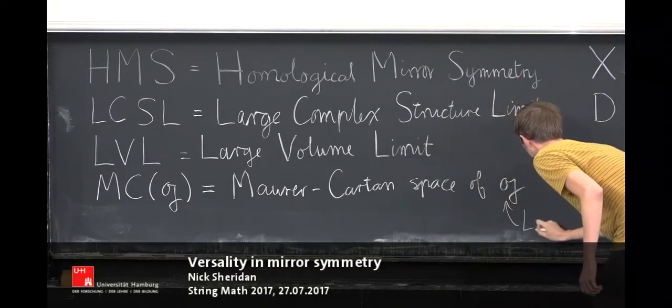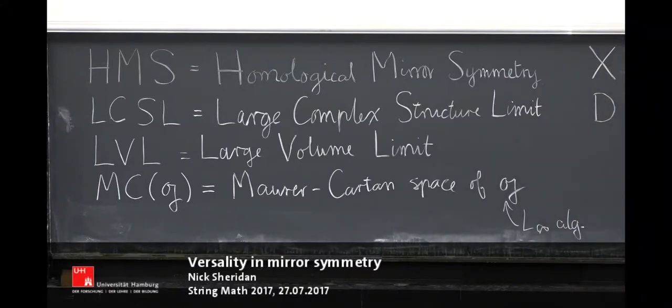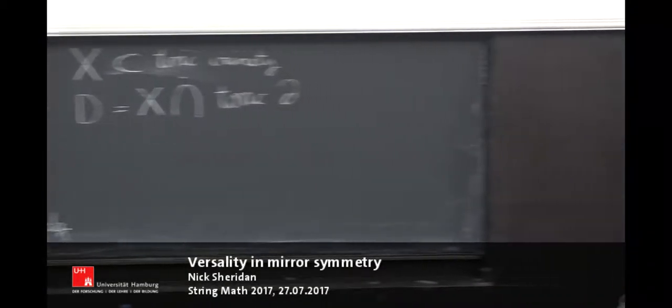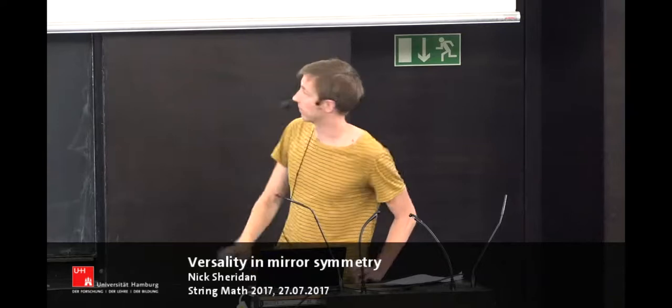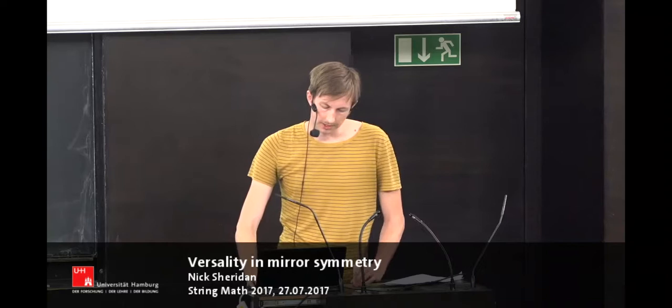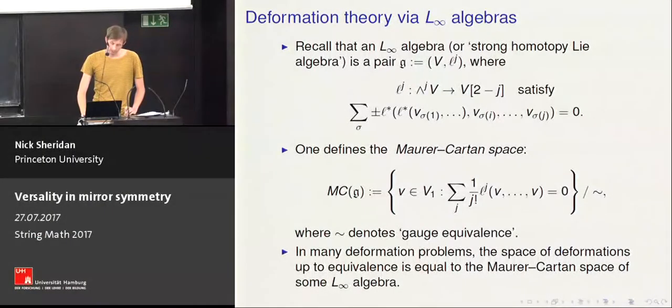This is something we can write for any L-infinity algebra. It's the space of solutions modulo gauge equivalence. And more precisely, we should have some kind of pro-nilpotence in the picture so that this infinite sum makes sense. This is a general formalism for studying deformations of structures.